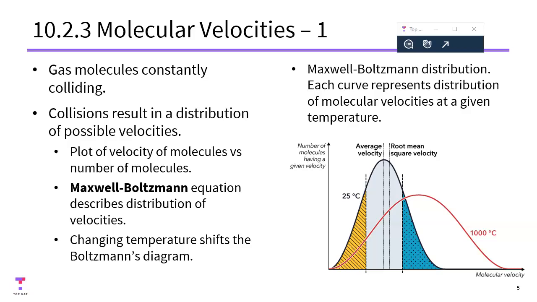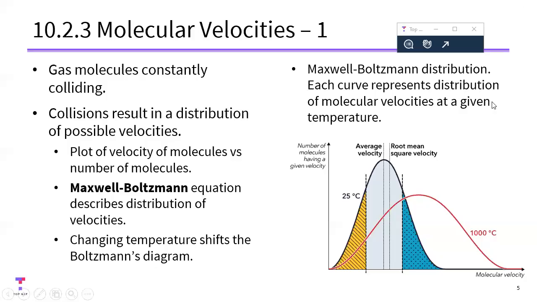Notice I did not put it here on the slide. In no way am I going to ask you to calculate it. But what's important for us to pull out of here is that this diagram, this graph, shows us something.